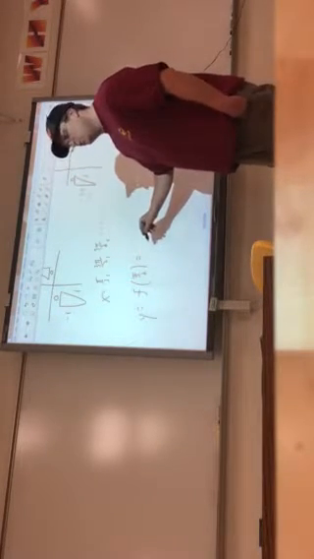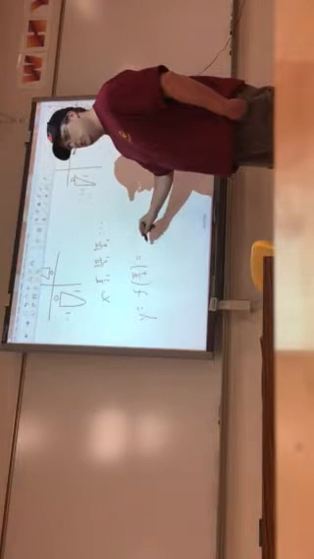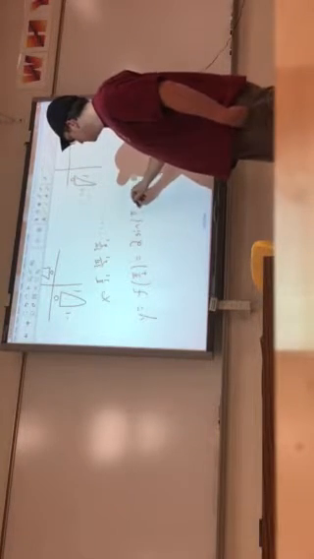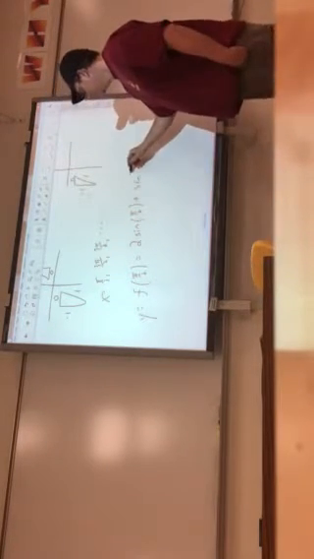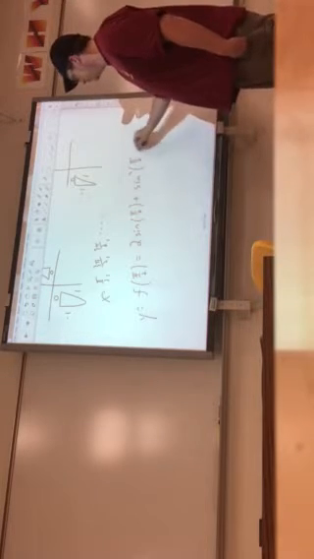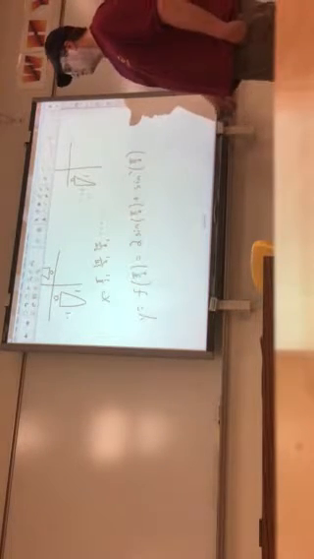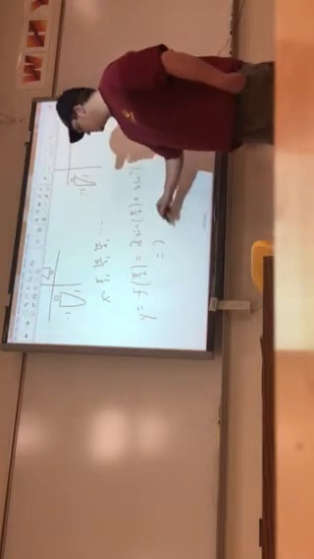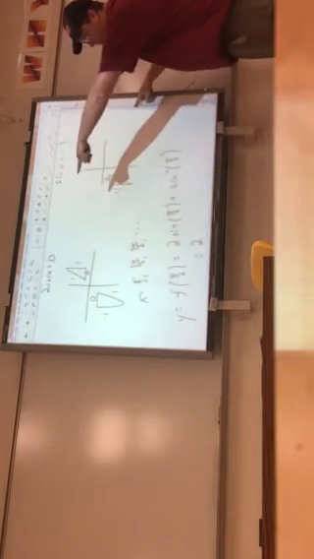The original function was 2 sine x plus sine squared x. So I'm going to find what is the y value for pi halves. That's going to be 2 times the sine of the pi halves triangle. Look at the pi halves triangle.